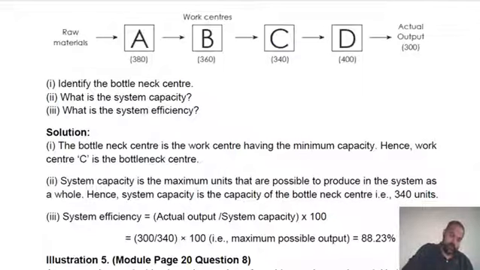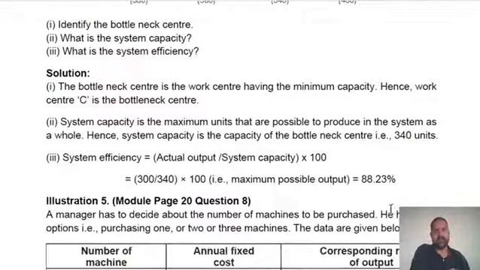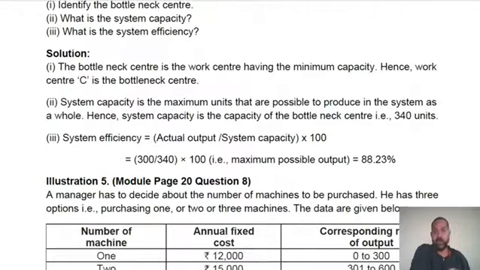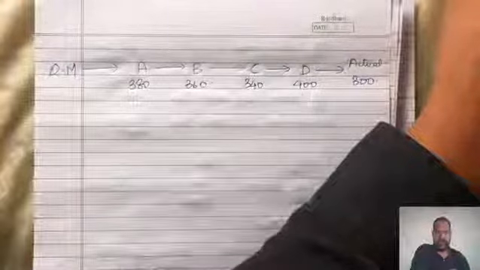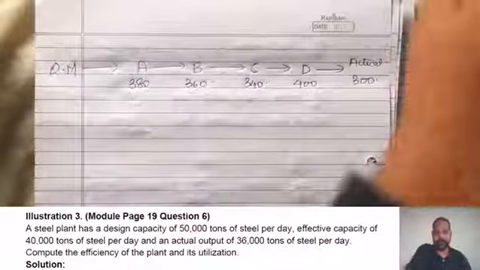This is where the raw material goes in. What are you expecting from me? You are expecting 3 questions. Number 1, identify the bottleneck center. I will tell you what bottleneck center is. Number 2, what is the system capacity? And number 3, what is the system efficiency? Okay, I will tell you all 3. Let's deal with one at a time.